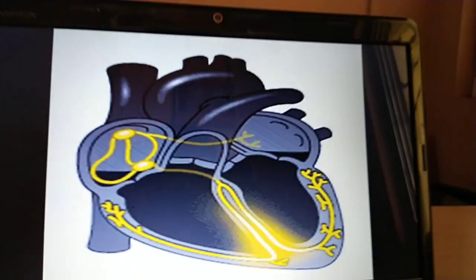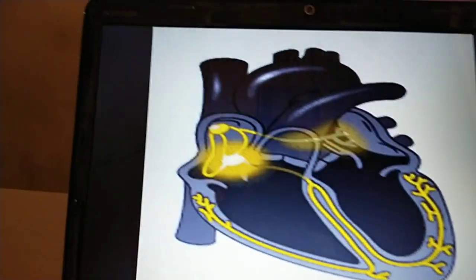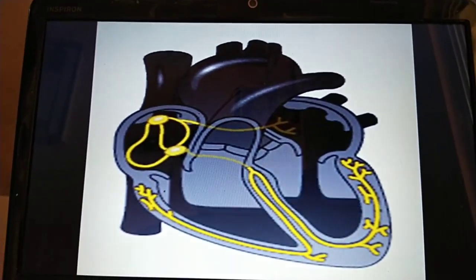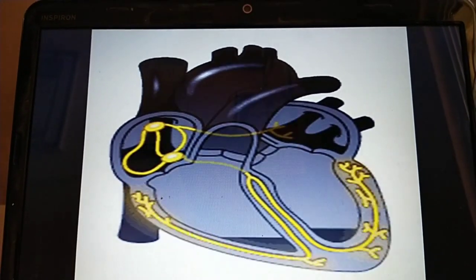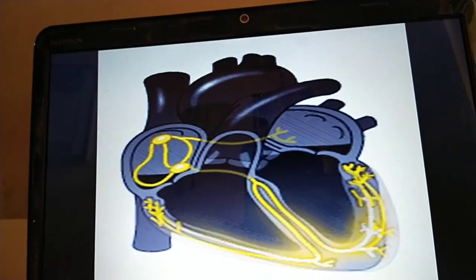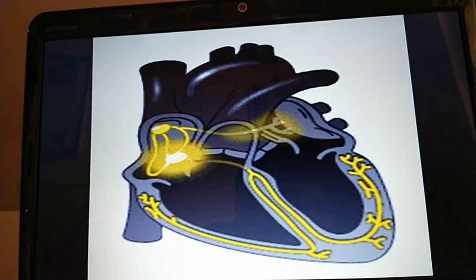And this is the conducting system of the heart. The impulse starts at the SA node, then the AV node, then the bundle of His, then the Purkinje fibers. Like this the conduction system of the heart works.